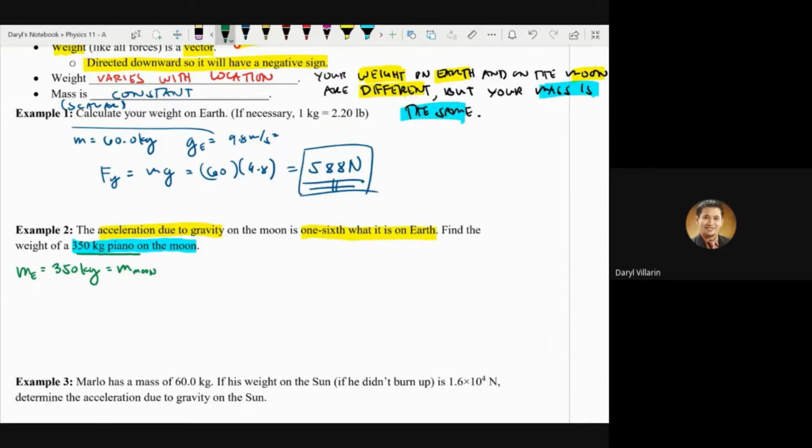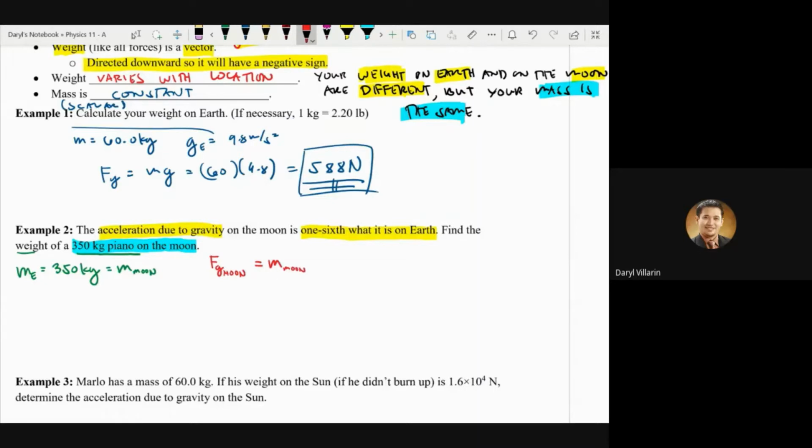Now we want to get the weight. Weight is given, but that is the weight on the moon. So that means that that is my FG on the moon. Since I want to get the weight on the moon, that means that I'm using the mass on the moon.